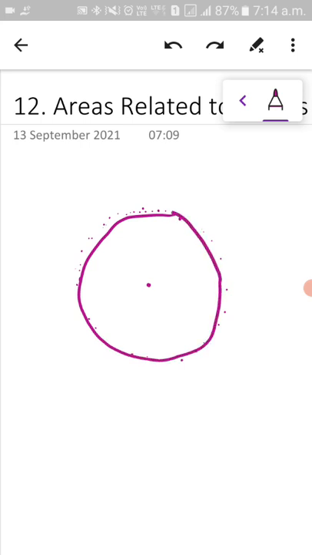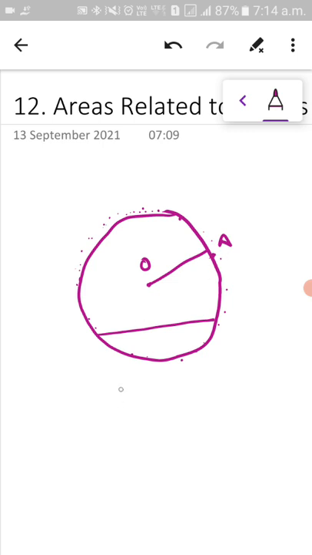Then we have also read various terms related to a circle, like radius, that is the distance between the center and any point on the circle. Chord, diameter, circumference, area.